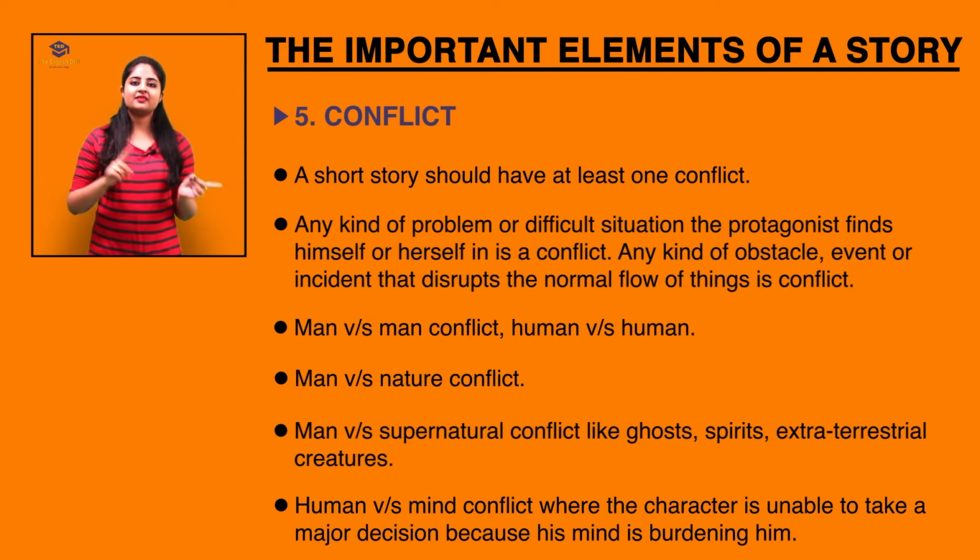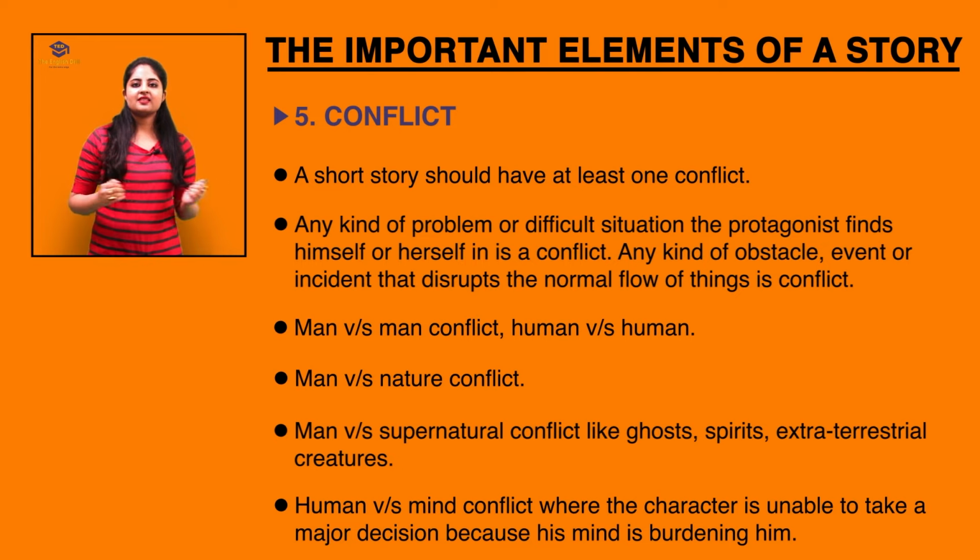And Hamlet, till the very end of the play, was unable to do that because he was constantly thinking of whether it's the right thing to do or whether it's the right time to kill his uncle. So this was completely a human versus mind conflict, where the mind is the source of all the conflicts.